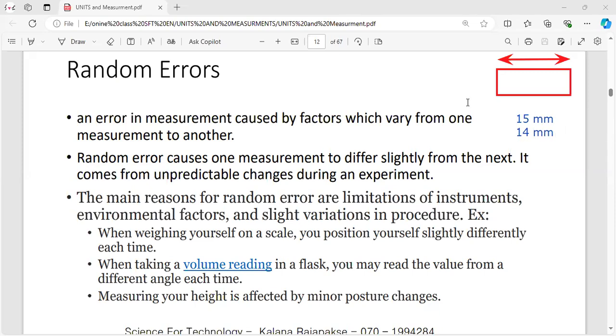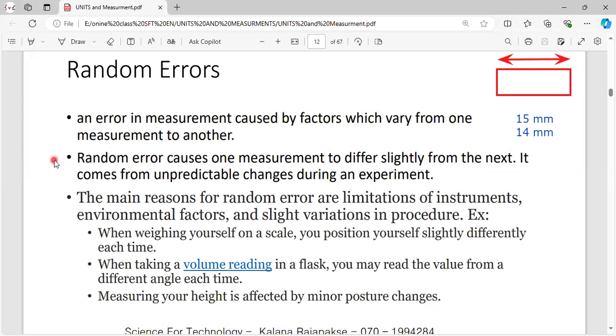Now you can see, whether we use the same or different measurement devices, we will get different values. So each measurement is varying from one another. That is called the random error. These random errors cause one measurement to differ slightly from the next.